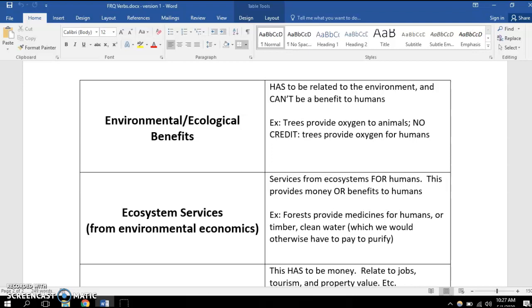So if you say trees provide oxygen to animals, that's fine. But if you say trees provide oxygen for humans, that's not going to be sufficient because that's a human effect, not an environmental effect.